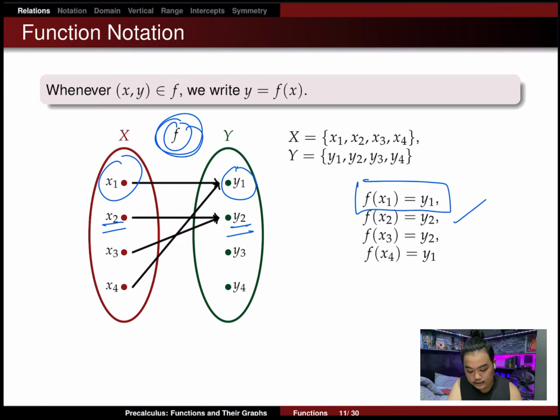And then y2 can also be written as f of x3. And y1 can also be written as f of x4. This is a function.